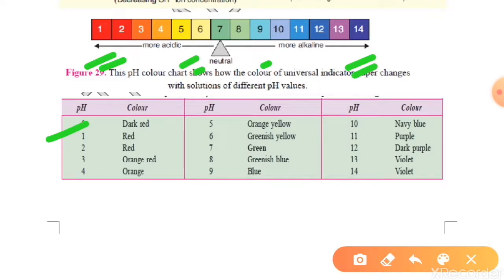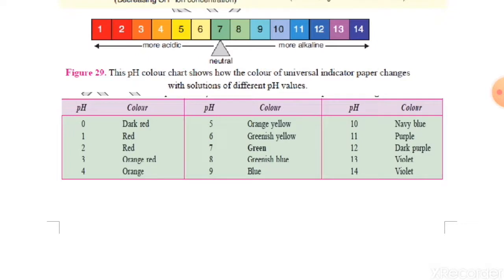For 1, red; 2, red; 3, orange-red mixed color. For 4 you will get orange. Then for 5, orange-yellow. For 6, greenish yellow. For 7, green. For 8, greenish blue. For 9, blue. For 10, navy blue. For 11, purple. For 12, dark purple. For 13, violet, and 14, violet.